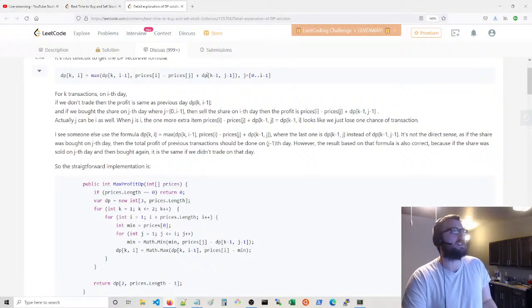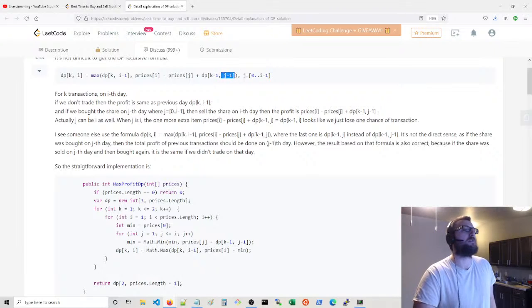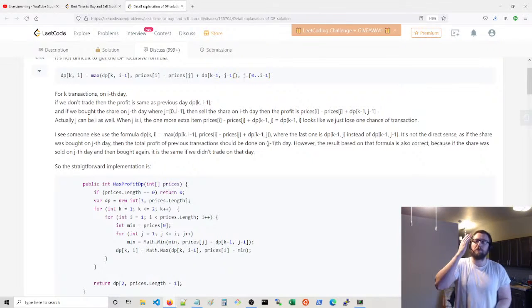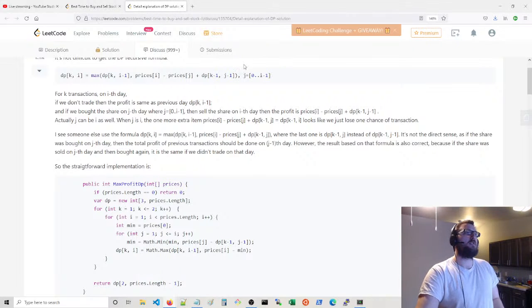So that's really interesting. We don't actually need to know dp of k, i, j. We just need to know dp of k, i. We don't really care about what the previous best values for j were.